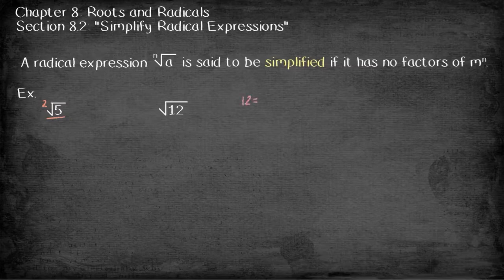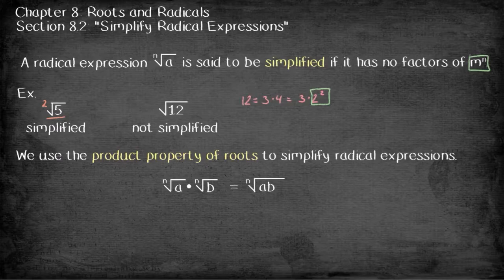12 can be written as 3 times 4. And 3 times 4 can be rewritten as 3 times 2 squared. And that's the kind of thing we're talking about. So though the square root of 12 is not simplified, we can use this property here to simplify it. The square root of 12 is equal to the square root of 3 times 2 squared.